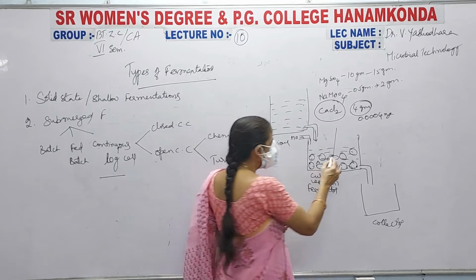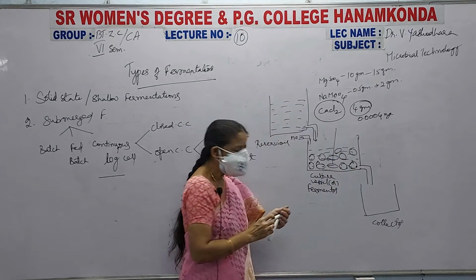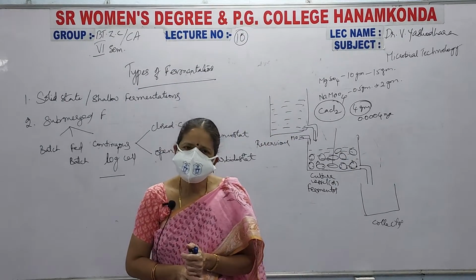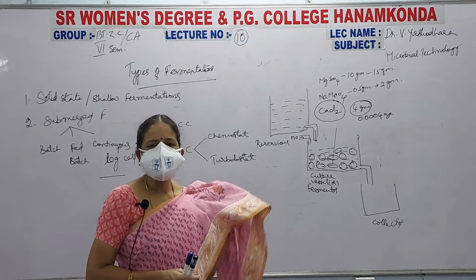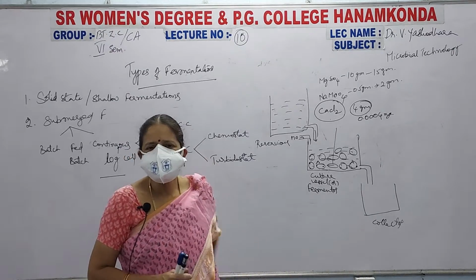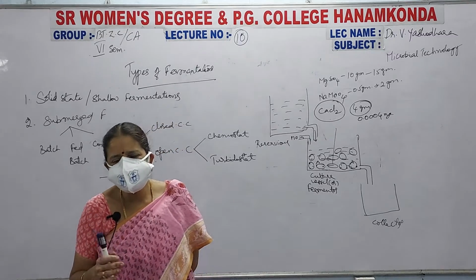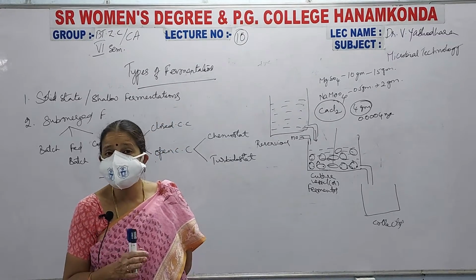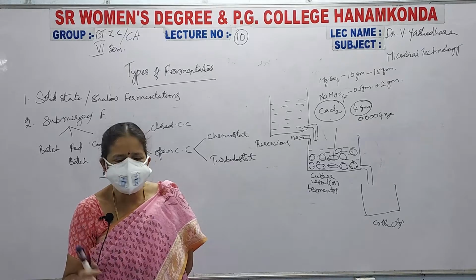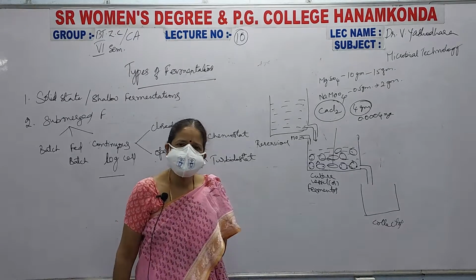That means the cell size increases, because all the cells are getting good nutrition, so they feed on the nutrients. Though they are feeding on the nutrients, the nutrients in the medium are not getting exhausted, because we have added excess amount of all the chemicals.